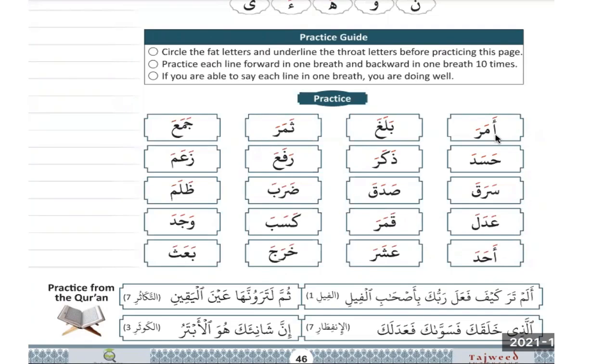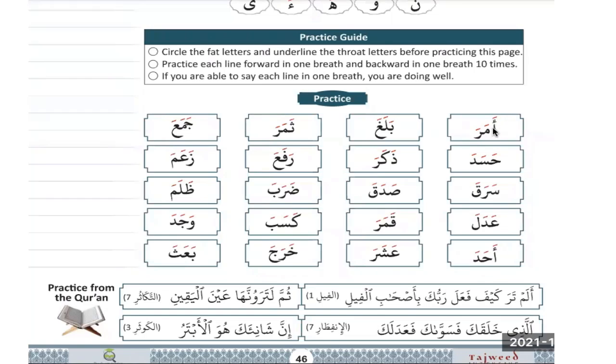Alif. But if you see anything on top of that, this is not alif anymore. Now it has changed shape, and we will say alif fatha a. Now it becomes hamza, a. So we will say a, and next one is mim, mim fatha ma, and then next is ra, ra fatha ra.